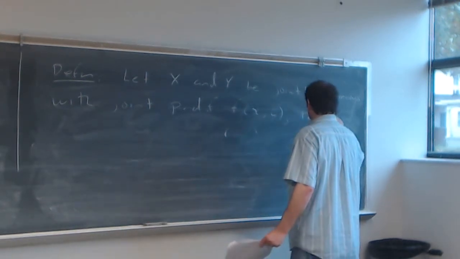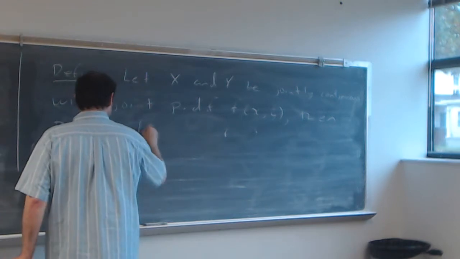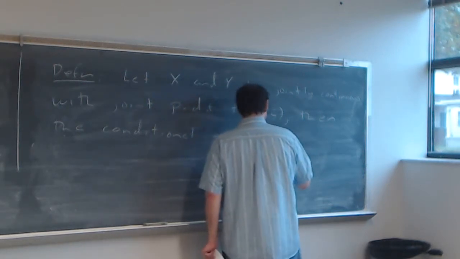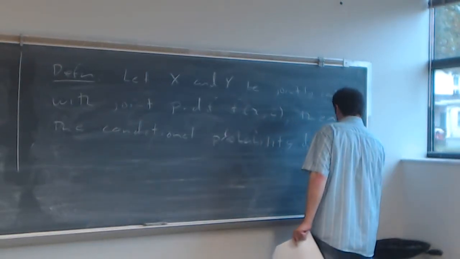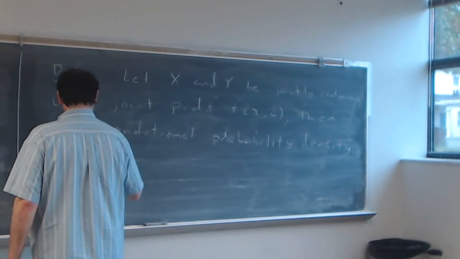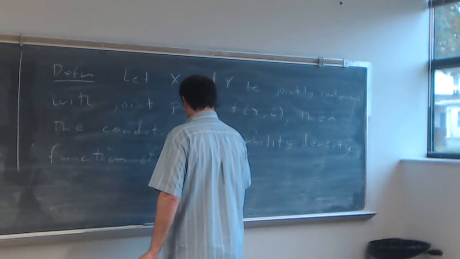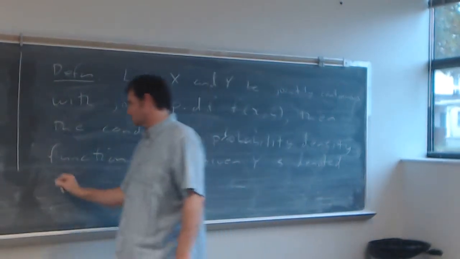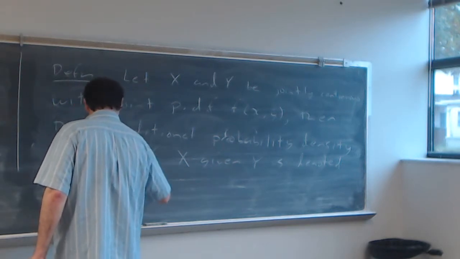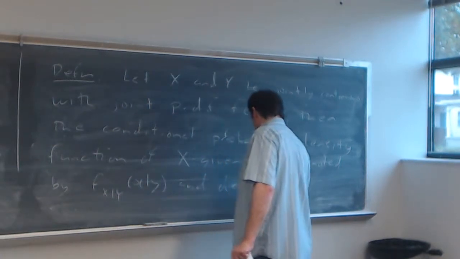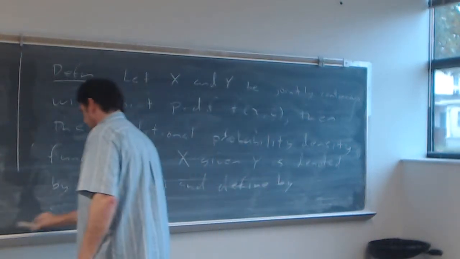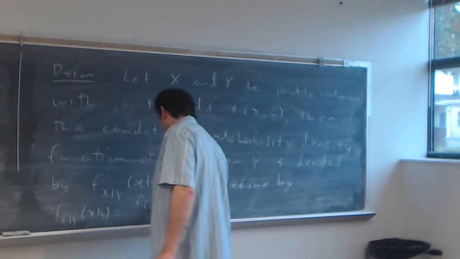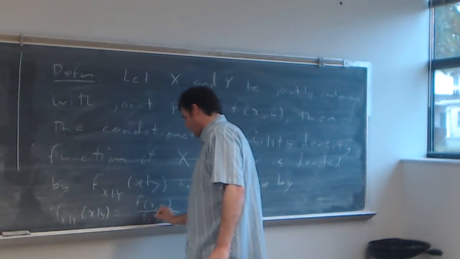Then the conditional probability density function of X given Y is denoted by f of X given Y of x given y, and defined by f of X given Y is equal to f of x comma y, the joint PDF, over f sub Y of y.